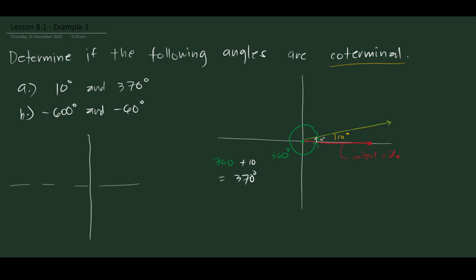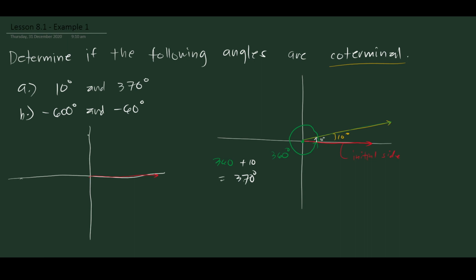Okay, so let's try this. Sorry for these lines, they're not very beautiful. Okay, so negative 600 degrees and negative 60 degrees. So negative 600 degrees. We need to recall that, let's draw our initial side first. If an angle is negative, then it has been rotated clockwise, right?